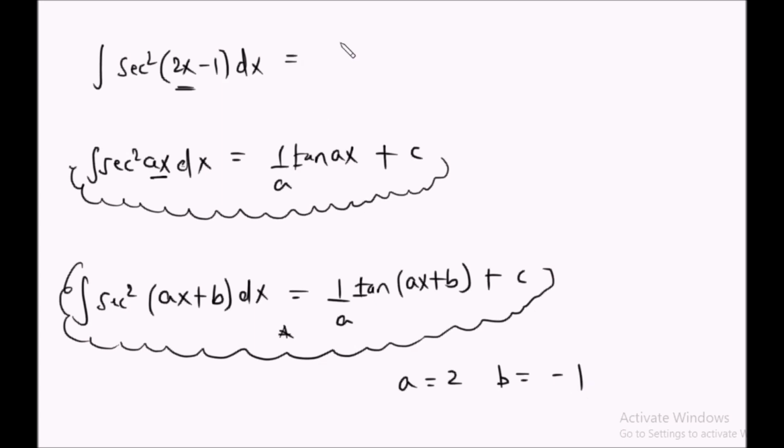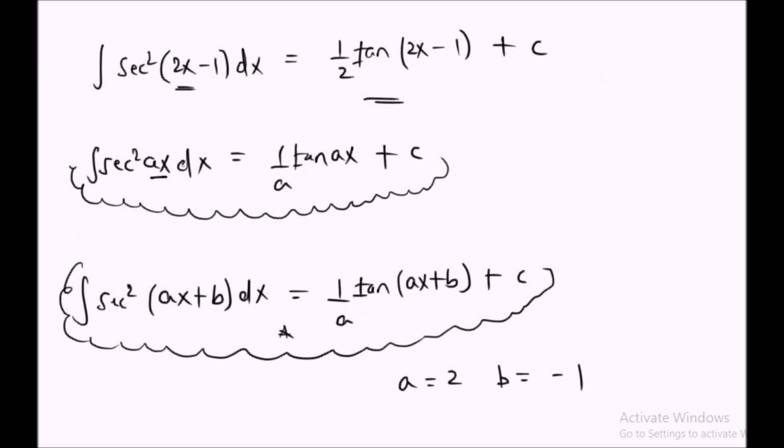So hii itakuja kuwa ni 1 over 2, okay? Kwa sababu a ni 2, so it's 1 over 2 tan 2x minus 1, ndo ax plus b hiyo hapo, plus c. Ushamaliza, swali limeisha. Okay, so you can see ilivyokuwa rahisi. Unajua formula, unapata jibu, boom, umemaliza.